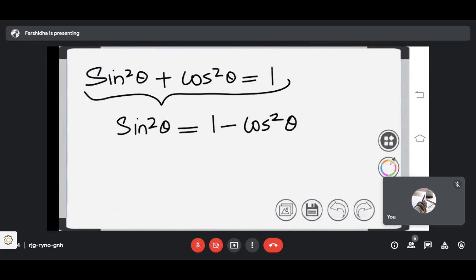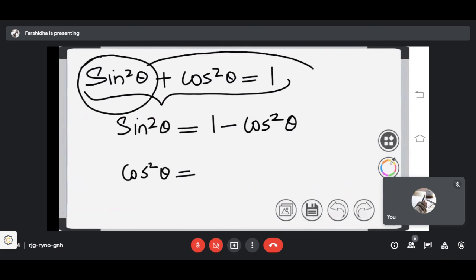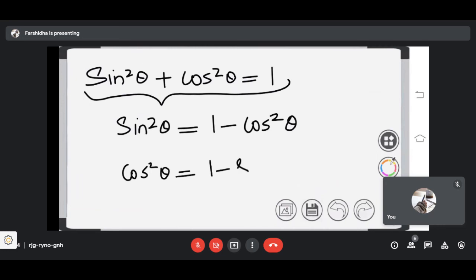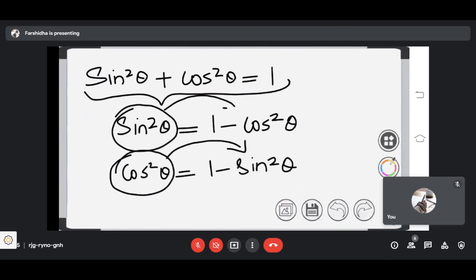That means sine square theta equals 1 minus cos square theta. Same way I can write cos square theta is equal to, I'm taking sine square theta to this side, so it will be 1 minus sine square theta. That means cos square theta I can write as 1 minus sin square theta, and sin square theta I can write as 1 minus cos square theta.